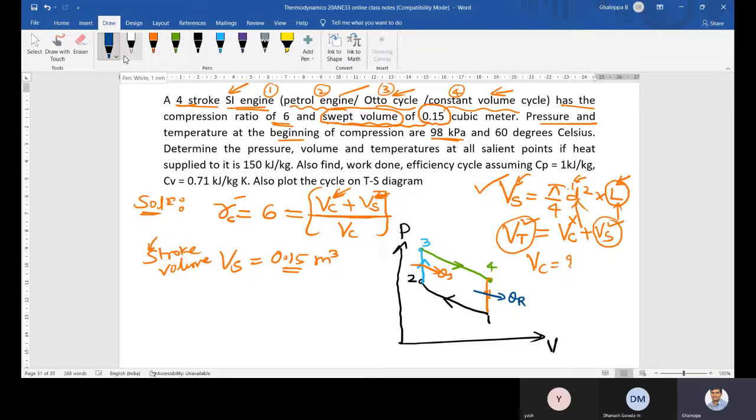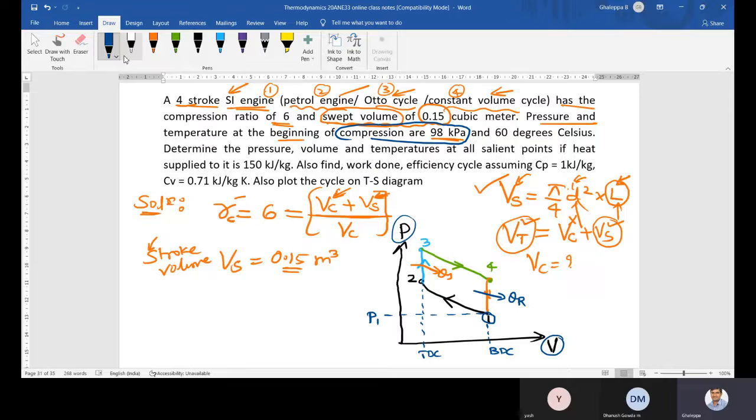Now what he has given, my dear students: pressure and temperature at the beginning of compression is 98 kilopascal. In this cycle, P is pressure on the y-axis, V is volume. So pressure is P1 here. Point number 1 is the beginning of compression. This is BDC and point number 2 is TDC.